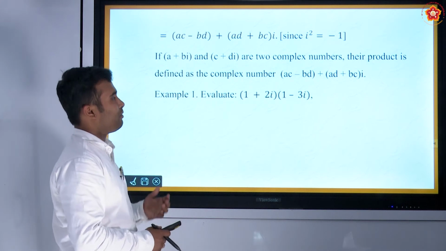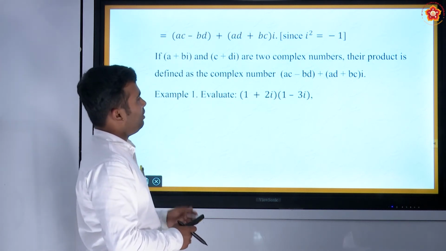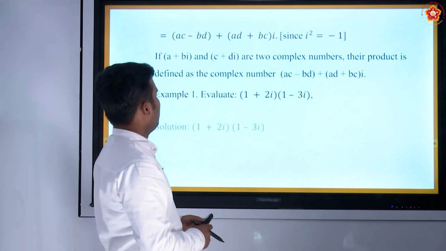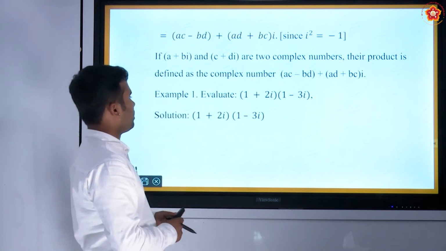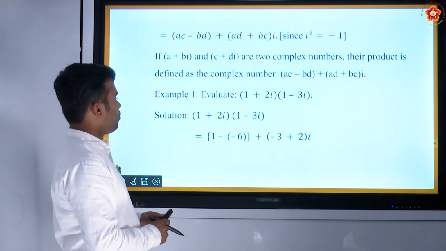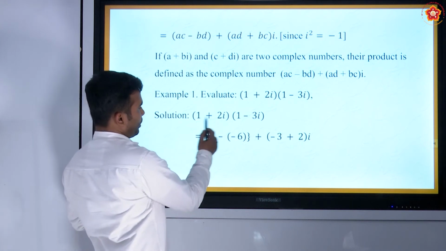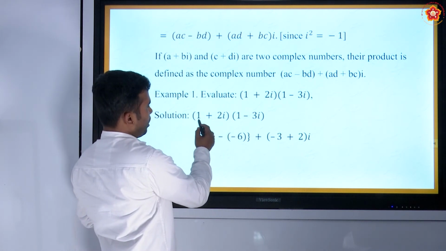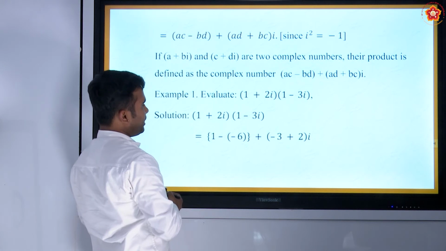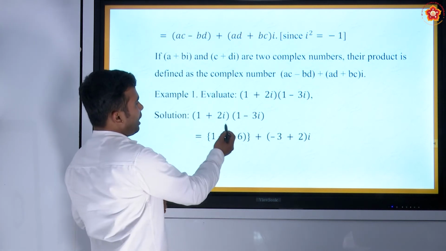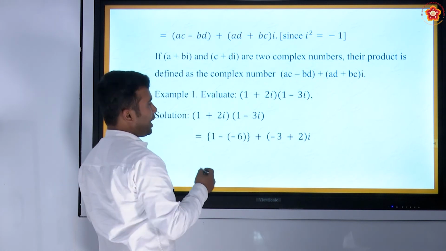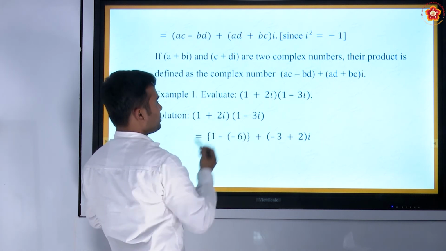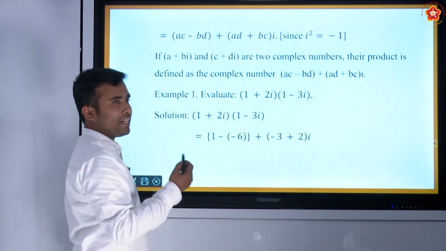See, with this we can have an example, that is (1 plus 2i) into (1 minus 3i). So let us find its product. So now what you can do is multiply this: 1 into 1 will be 1, and 1 into minus 3i will be minus 3i, and 2i into 1 is 2i, and 2i into minus 3i will be minus 6i square.